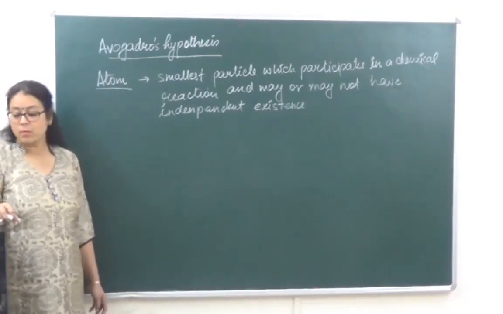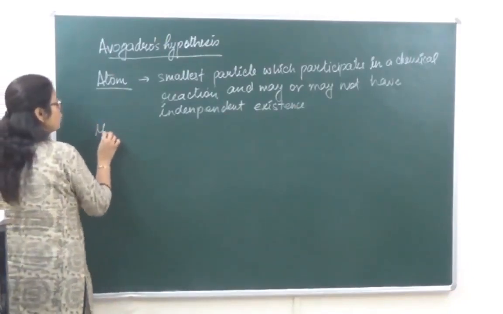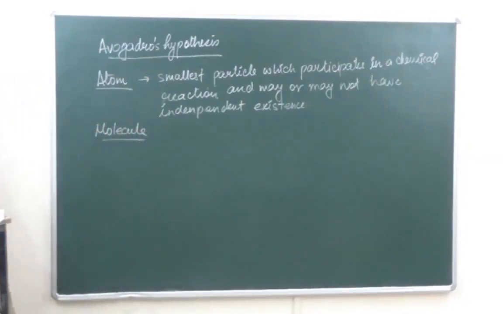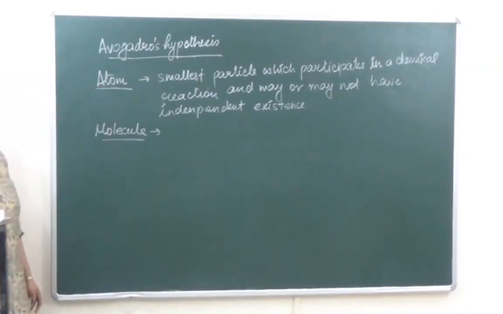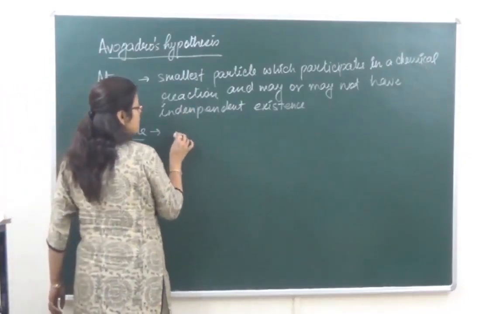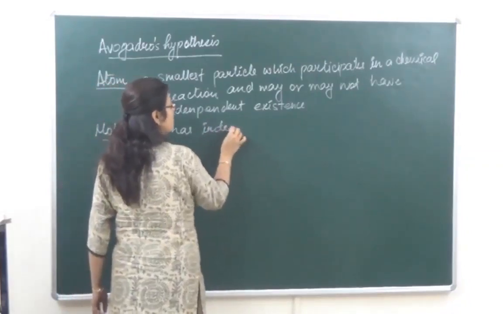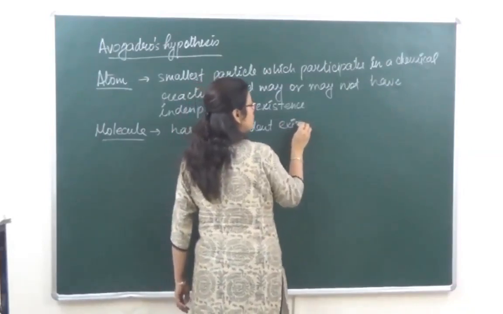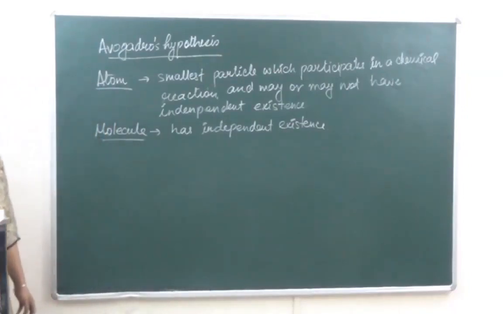Then the second particle was molecule. So he says molecule is again the smallest particle which participates in a chemical reaction, but the difference is that a molecule has independent existence, right?